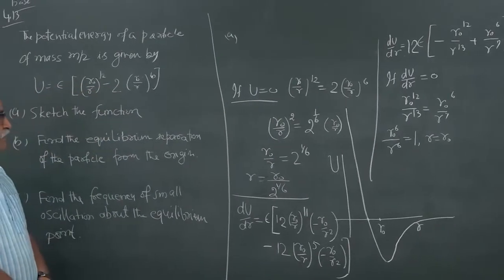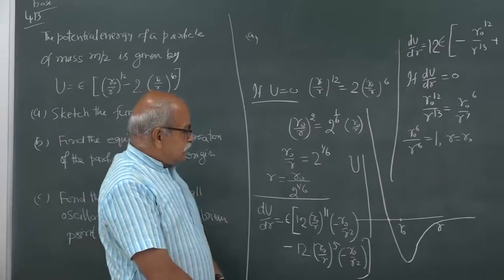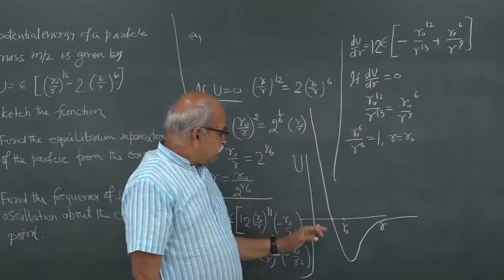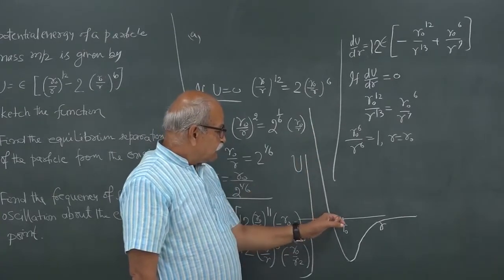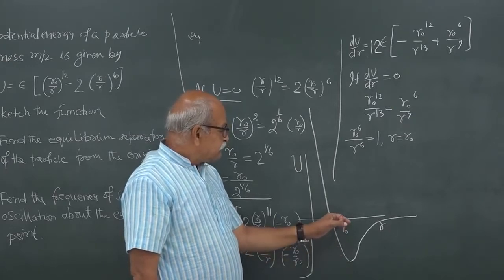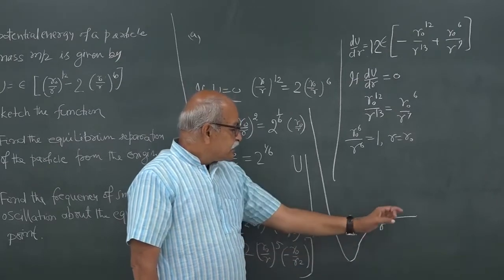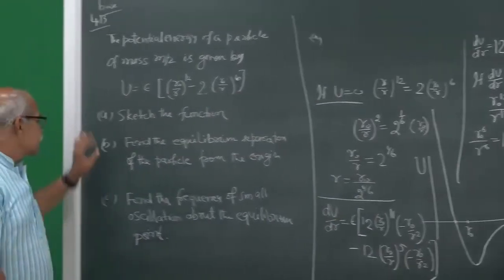So, this is the kind of potential energy function. If the particle is somewhere here, the potential energy is positive. If the particle is here, potential energy is 0. If the particle is here, then the potential is negative. If the particle is here, it is maximum negative, and then gradually the potential energy again increases, right. So, that is A part.